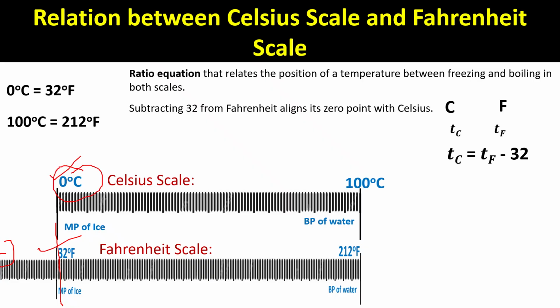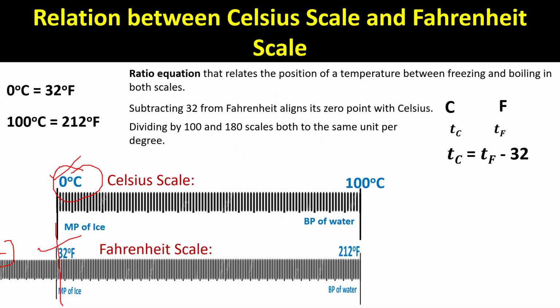So Tc equals Tf minus 32. Next we divide by 100 for the Celsius scale and similarly divide by 180 for the Fahrenheit scale, which gives the Celsius scale per degree and Fahrenheit scale per degree.